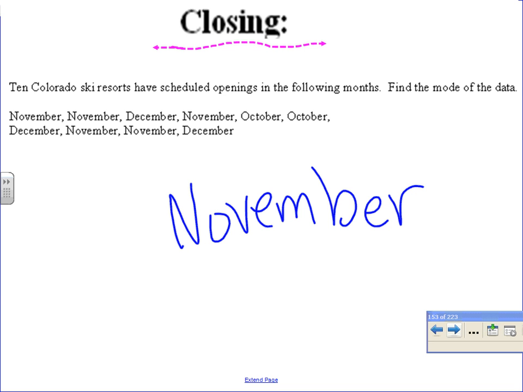You could just find, okay, well, what is the average month? But it's much more applicable if we had numbers for that. Now, we could also find the median here if we put them in order. What's the middlemost month? But that's kind of stretching it. But we could. Basically, the mode is the easiest to find if it's not numbers.